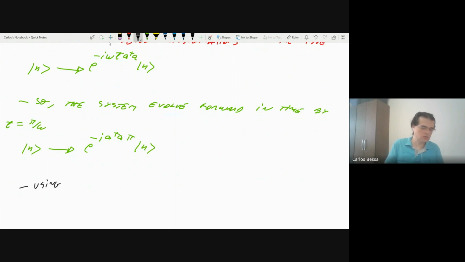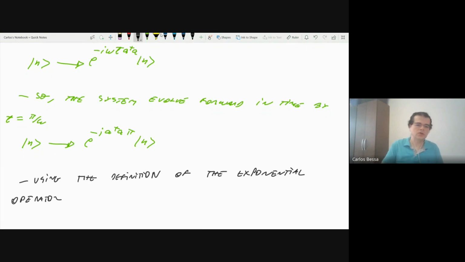Using the definition of the exponential operator, you can find it even on Wikipedia, as the sum from n equal to 0 to infinity of A to the n over n factorial, where A is an operator, right?